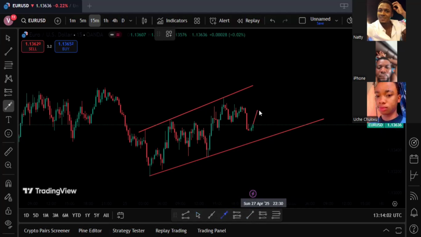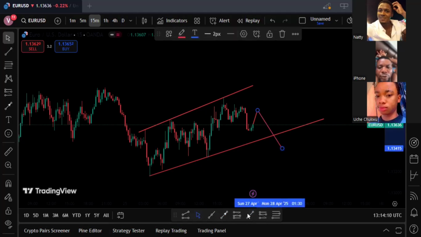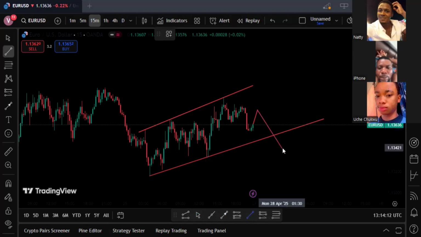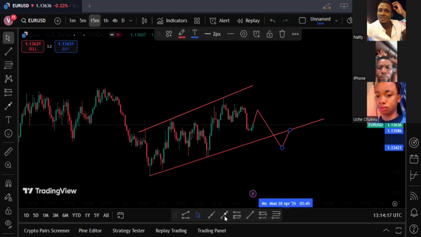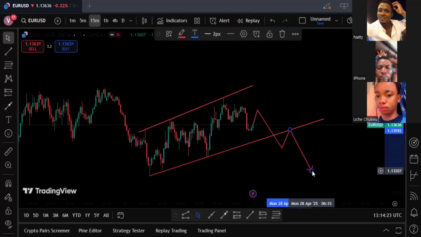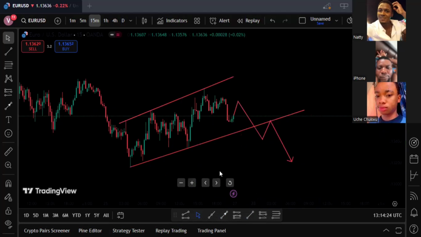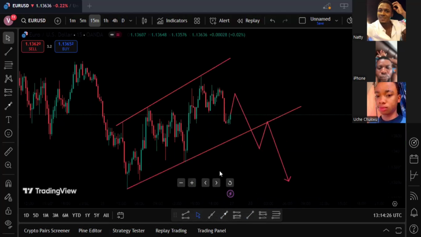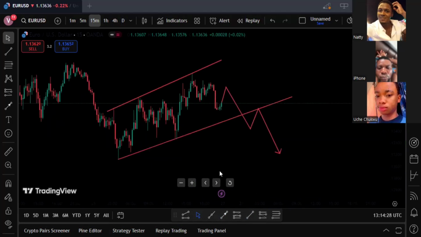Then we anticipate a reverse. Yes, a selling option. Exactly. We anticipate a breakout like this to this point. Then a retest. You understand? Then boom.